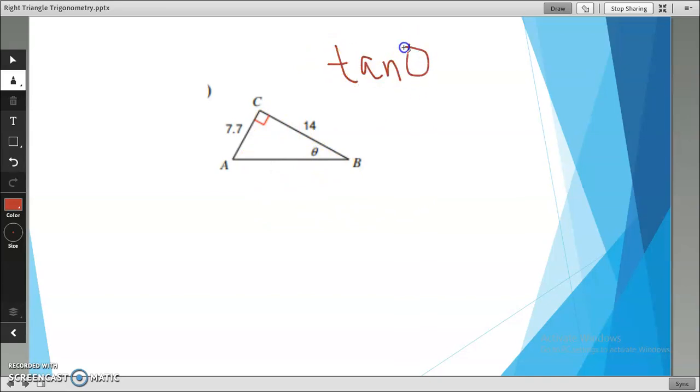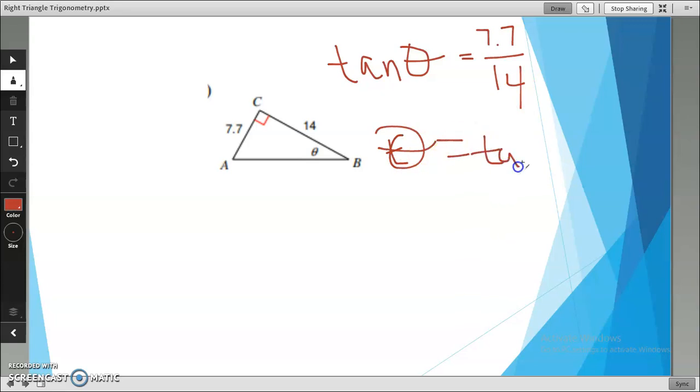So tangent of our angle is equal to the opposite, which is 7.7 over 14. And we'll put in tan inverse of 7.7 over 14 in our calculator. And I get 28.81 degrees.